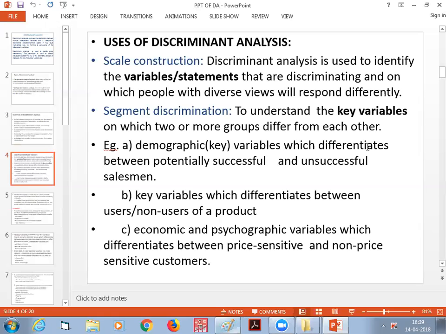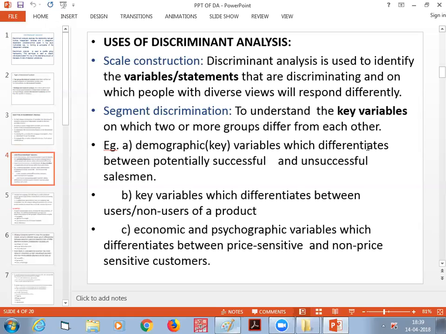Next, segment discrimination. That is what we are going to discuss now. What I am discussing under classification is segment discrimination. That means demographic key variables which differentiate between a potentially successful and unsuccessful salesman. If you want to classify salespeople as successful or unsuccessful, you can use this discriminant model. With sufficient information, you can develop a model and later the company can use it. If you have the same information on a new person, can he become a successful salesman or not?